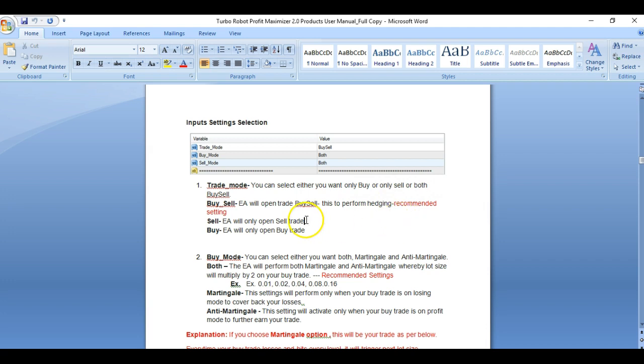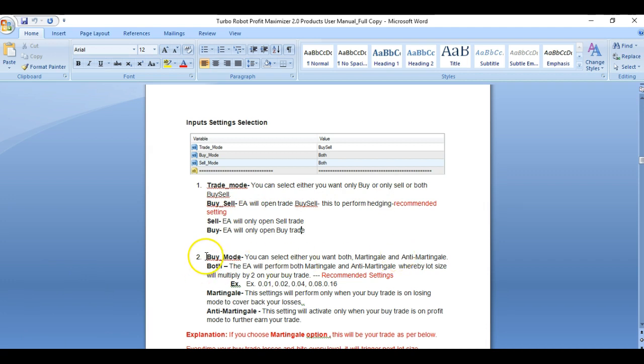So this is the recommended setting, because you have to hedge your trade. If you prefer only sell, you select only sell, and it will only use the sell portion. If you choose buy only, it will only buy, so it's not hedging. So buy and sell will bring you to hedging.